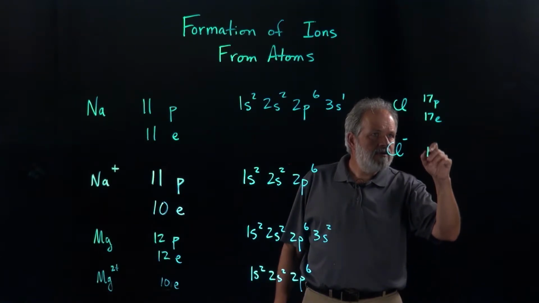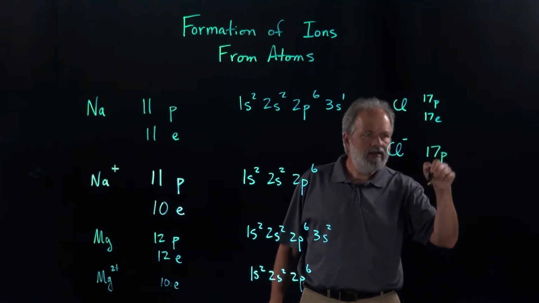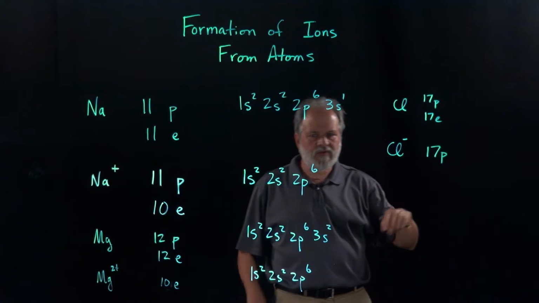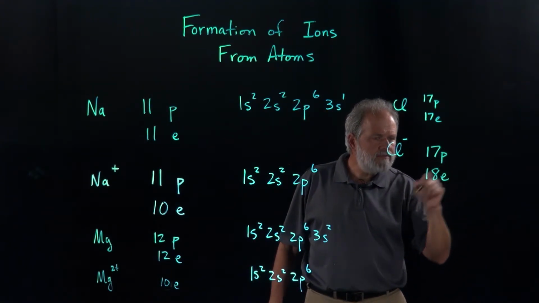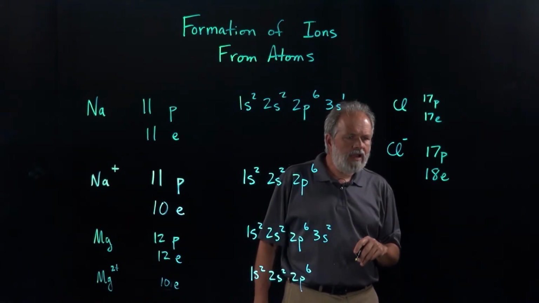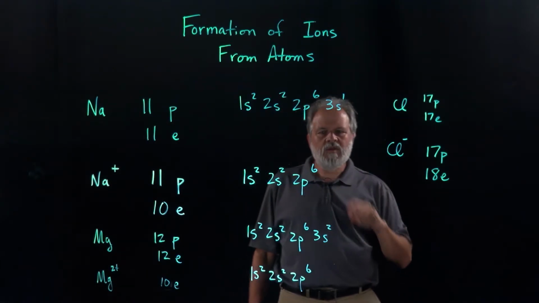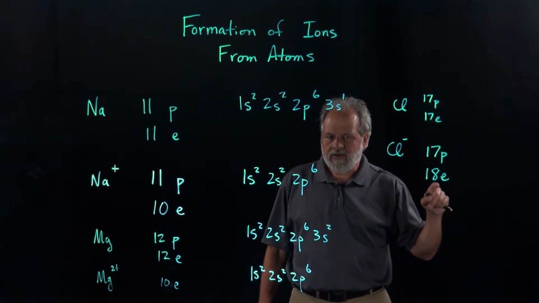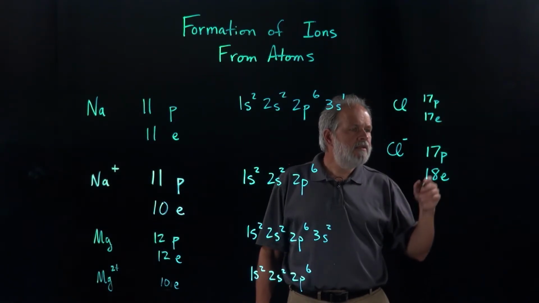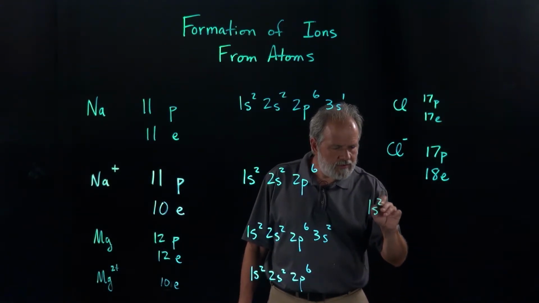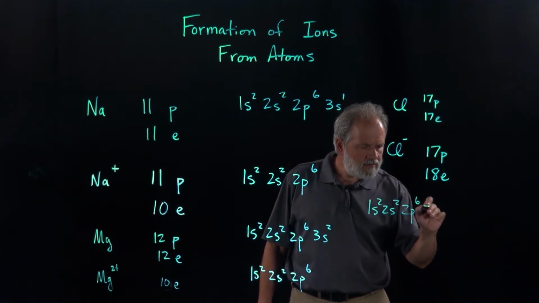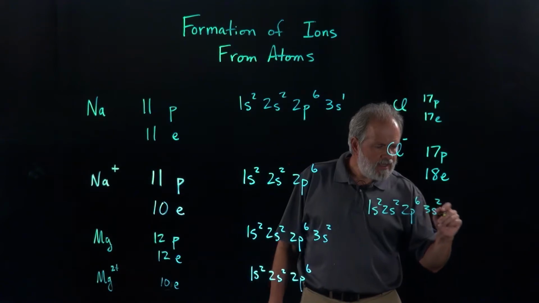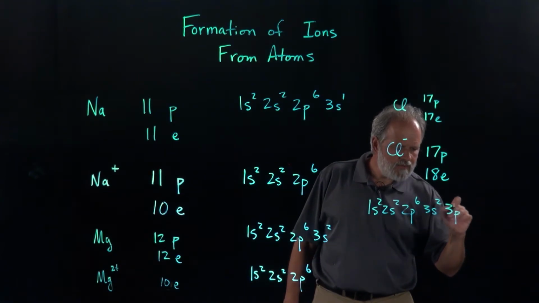17 protons. Again, we cannot change the number of protons without changing the element. 18 electrons. This has one more electron in the electron configuration than chlorine does. Let's write down 1s2, 2s2, 2p6, 3s2, and then 3p.